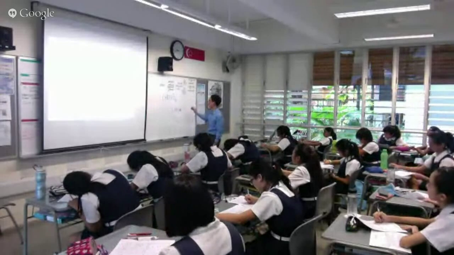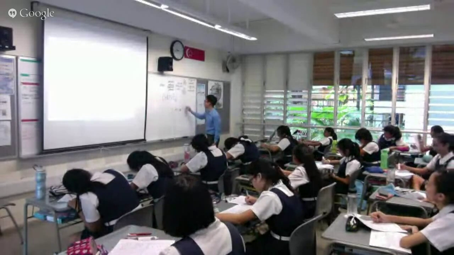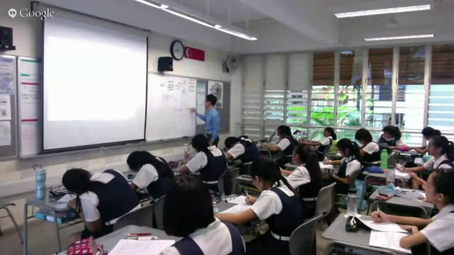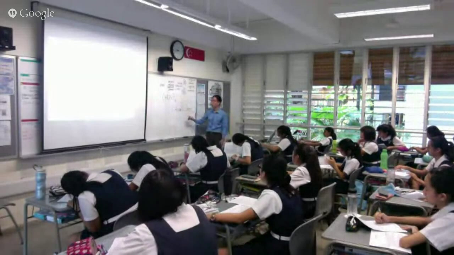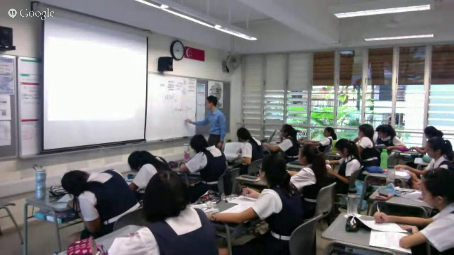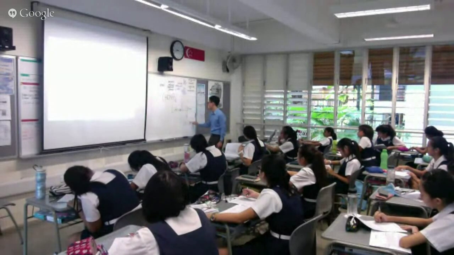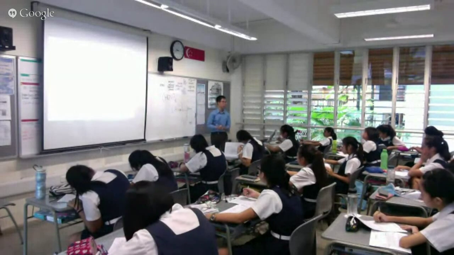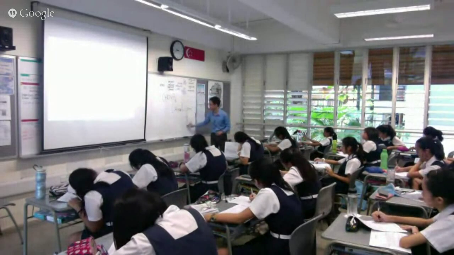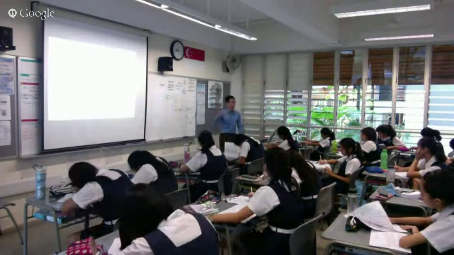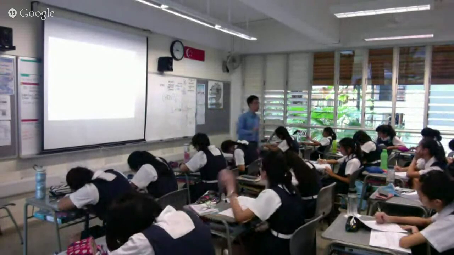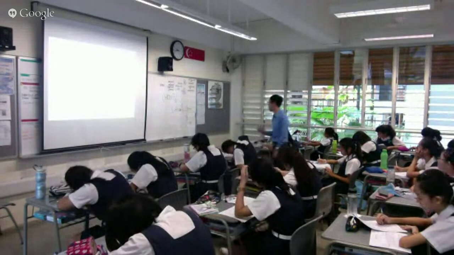But the chemical formula, this is a chemical symbol for lithium atom. For lithium atom, you write Li. But when it forms an ion, you write Li plus. So this is known as the chemical formula, the symbol with a charge.